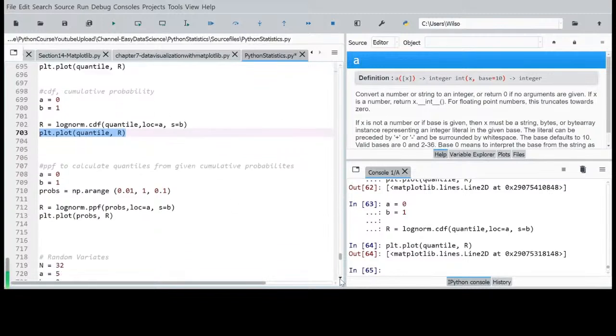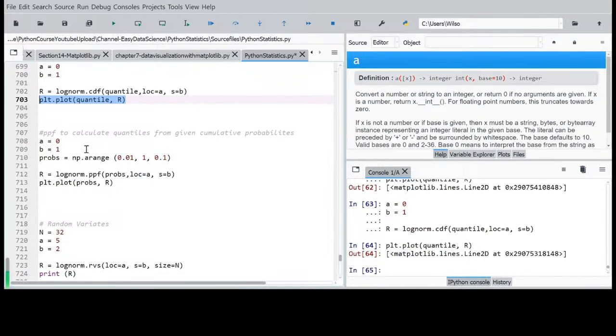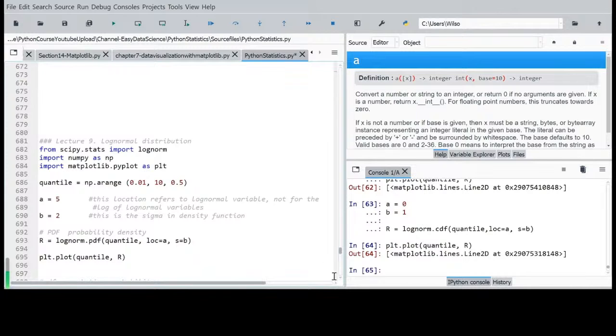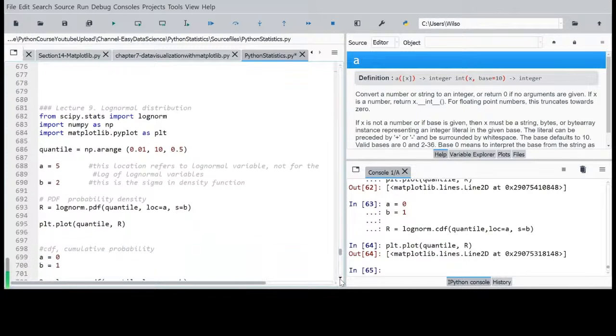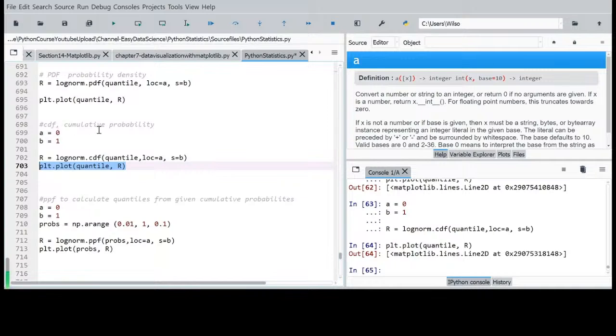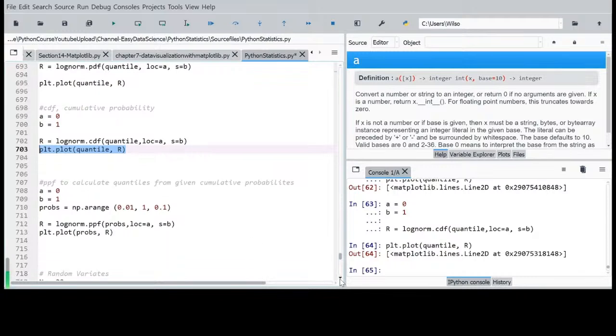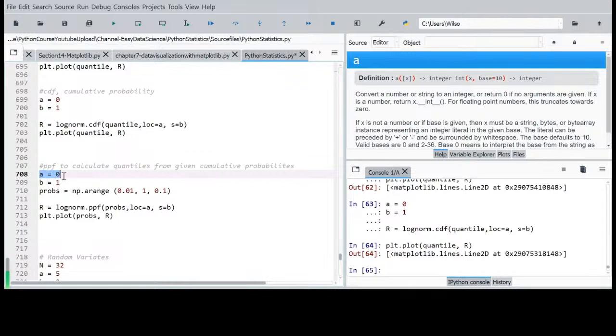And the next function is called PPF. It calculates the quantiles from given cumulative probabilities, and this operation is actually the inverse operation of the cumulative probability. So from given cumulative probability, we calculate the random variable values. We set a and b same as before.